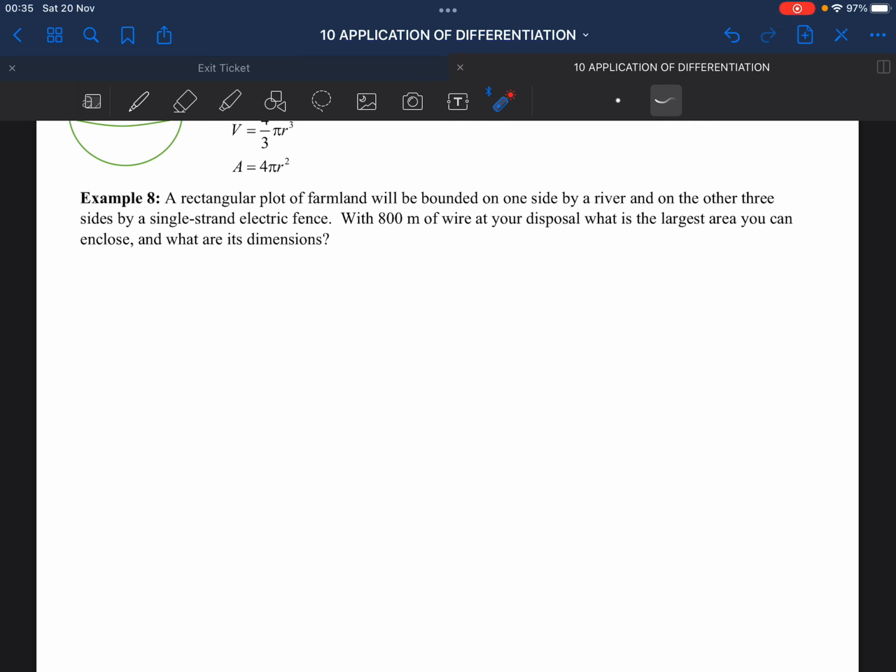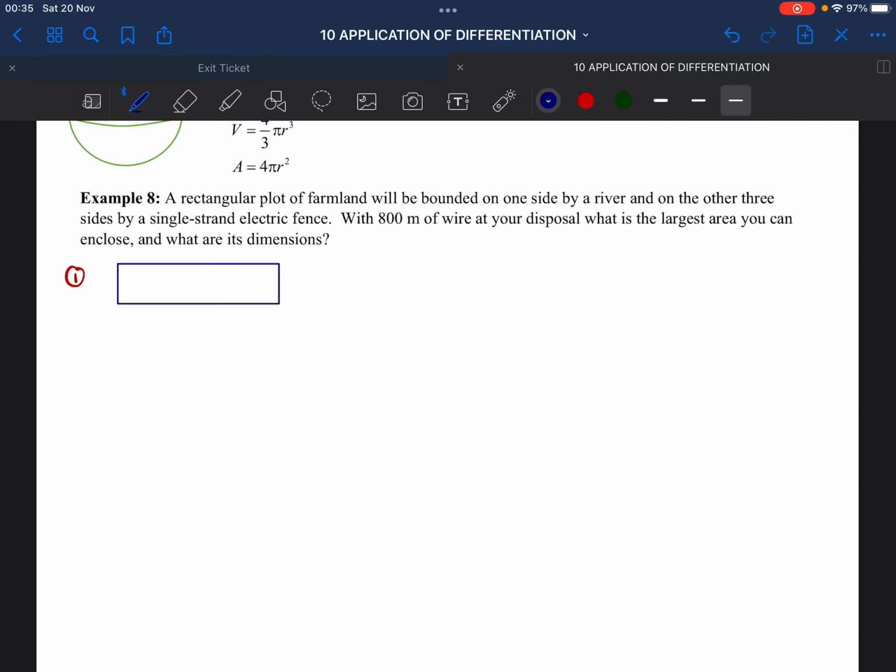With 800 meters of wire at your disposal, what is the largest area you can enclose and what are its dimensions? Here we have 800 meters of wire, something about perimeter. 800 meters of wire and we have 3 sides by single strand electric fence. So first read the question and then we draw.